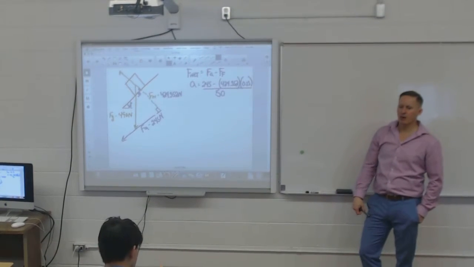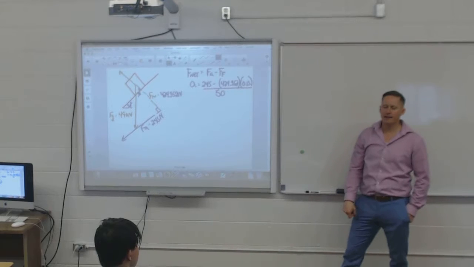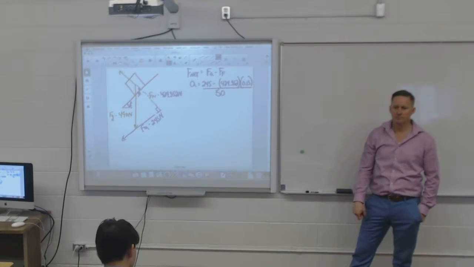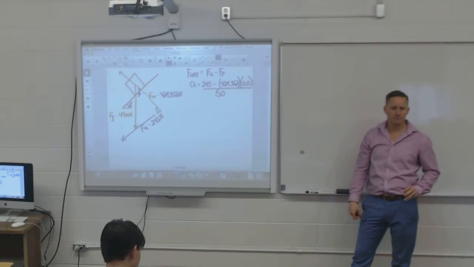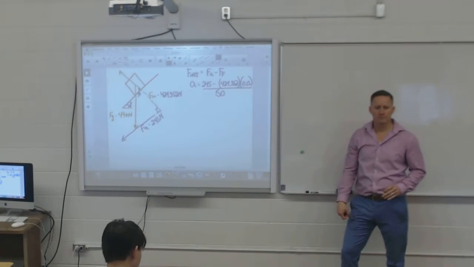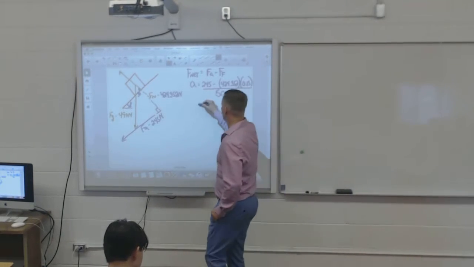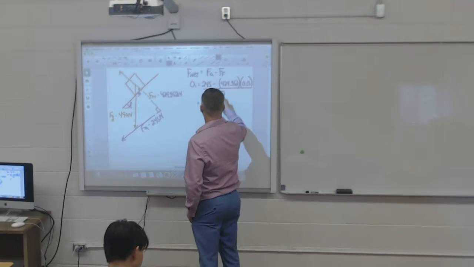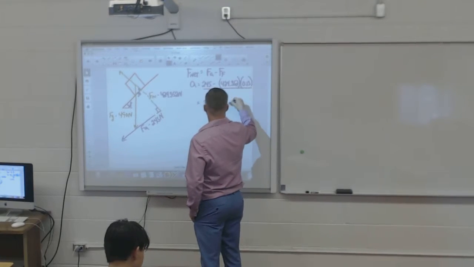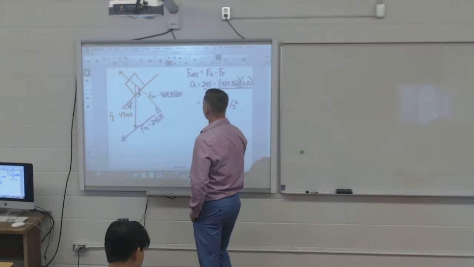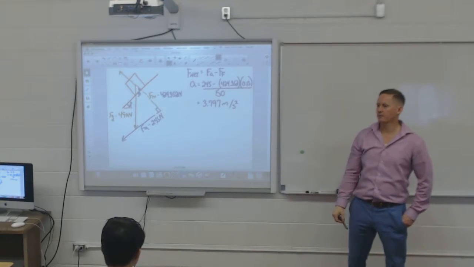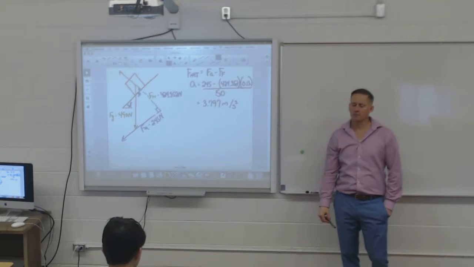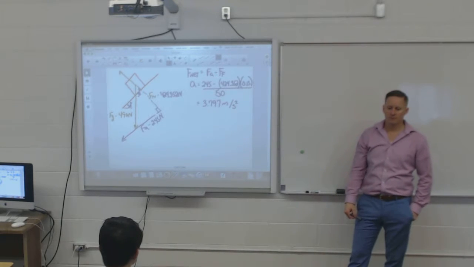Now because you have a subtraction on top, you probably should use brackets. I got 3.797. Yeah, that's what I thought. Here's your acceleration. Okay? We okay?